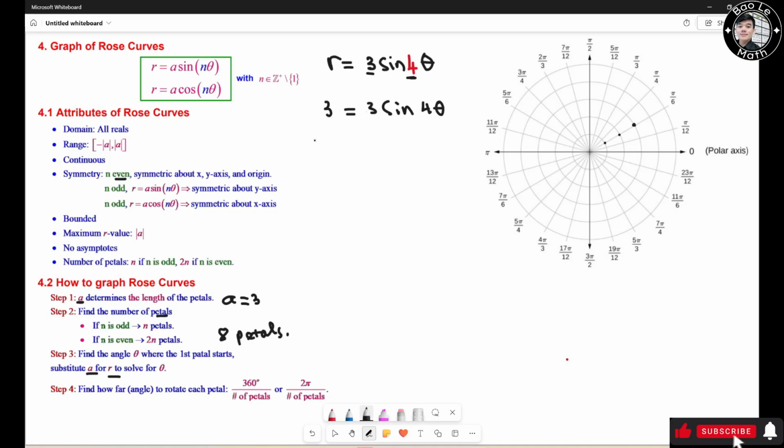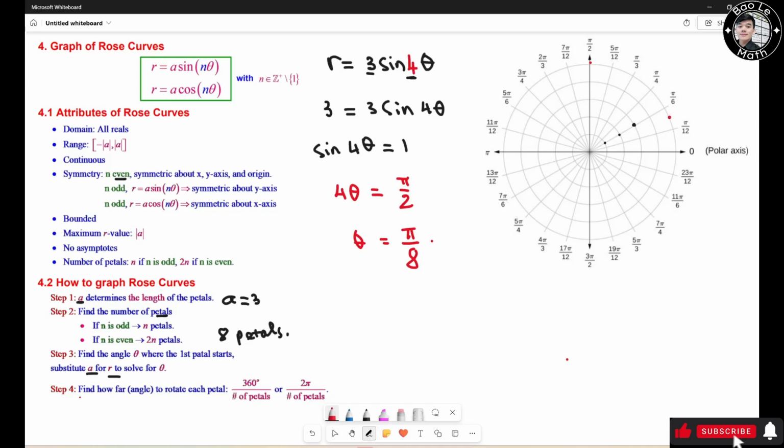Divide both sides by 3, so we have sine 4 theta equals 1, which means 4 theta equals pi over 2. It's going to be right here. Now divide both sides by 4, so theta equals pi over 8, which means half of pi over 4, so it's going to be right here. This is the first petal.